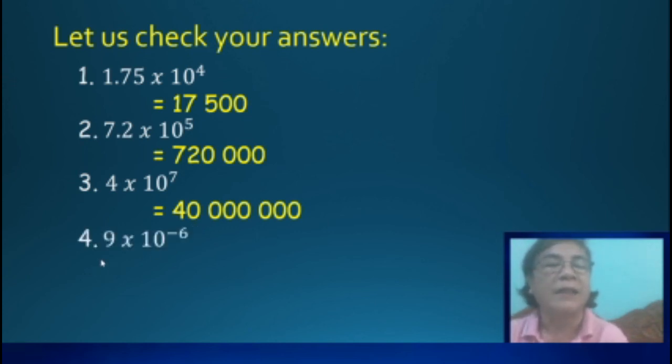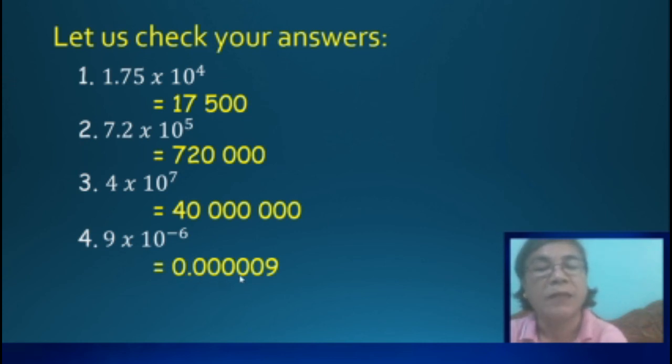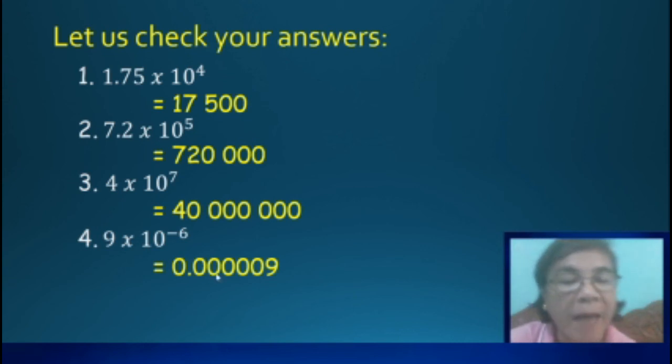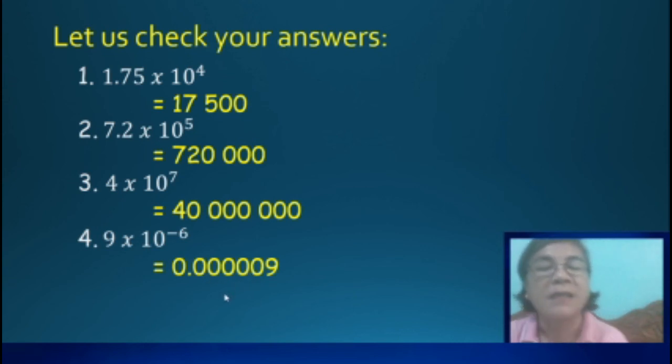Okay, good. Next, 9 times 10 raised to the negative 6. What's your answer? Okay, it would be 0.000009. You will be having here 5 zeros after the decimal point. Did you get it right? Okay, good.